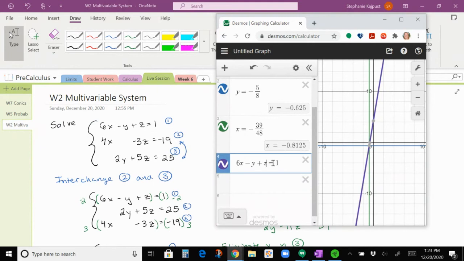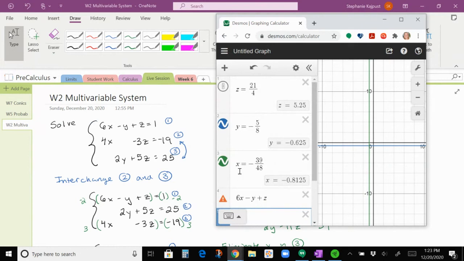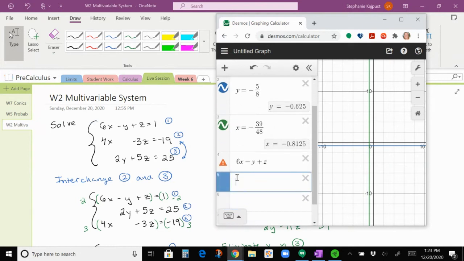I don't know why it's trying to graph it. It really does not want to evaluate it. It usually works when you have x and y, but I guess with 3 variables, it doesn't want to do that.